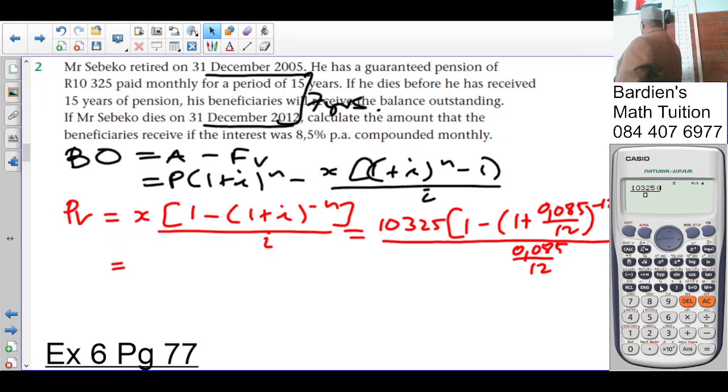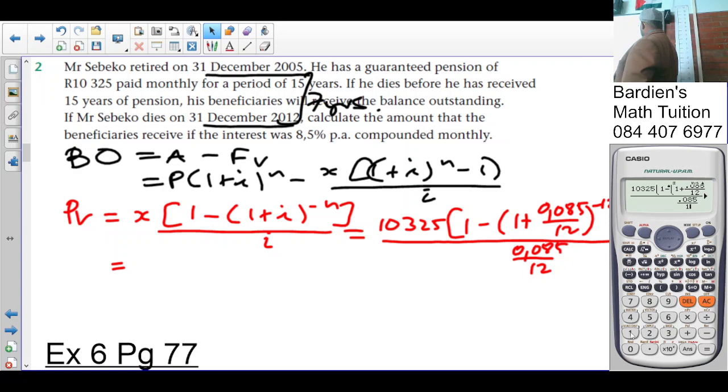How many years was that for? 15 years. I want to know what the fund is worth.